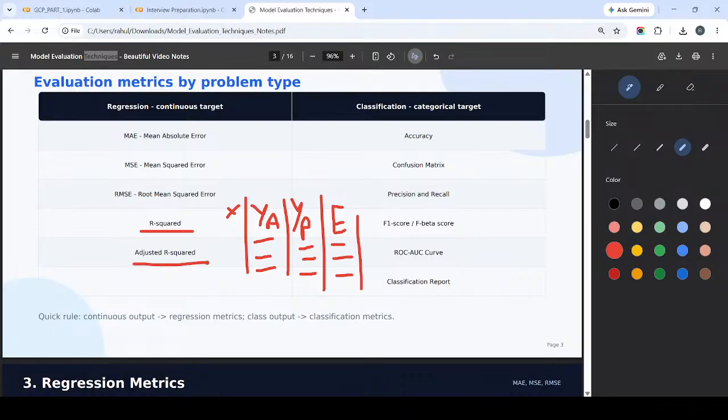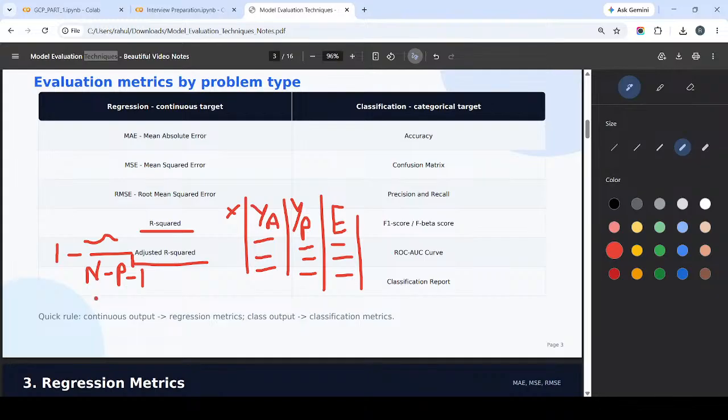Now comes the adjusted R square. What is adjusted R square? It measures the variance explained by only those explanatory variables which are actually contributing to the model. It has 1 minus something, and in the denominator it has n minus p minus 1.